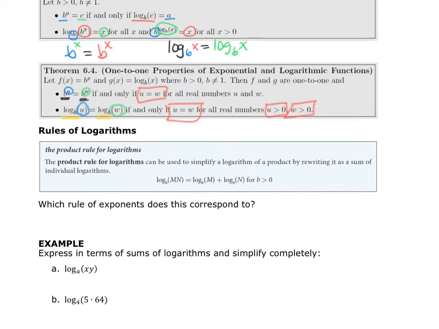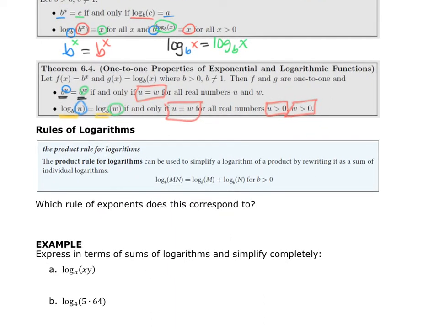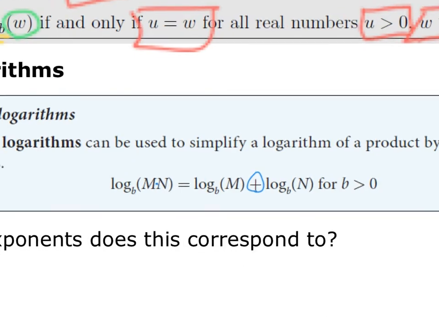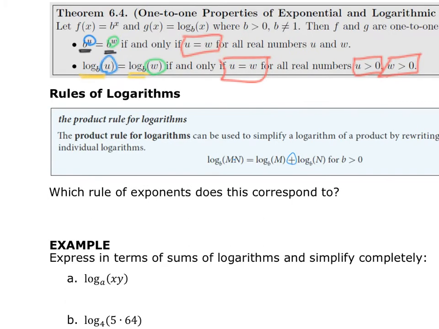Our first rule of logs is the product rule. The product rule is, I'm going to zoom in on this so you can see it, notice I have a multiplication going on between m and n. That relates to an addition sign between them when I break them apart with the logarithmic rule. The rule that this corresponds to in exponents is if I have a raised to the m multiplied by a raised to the n, then I have a raised to the m plus n.